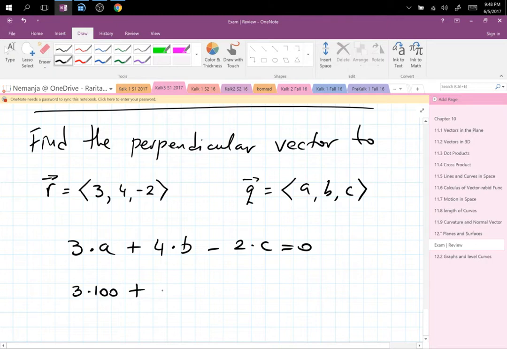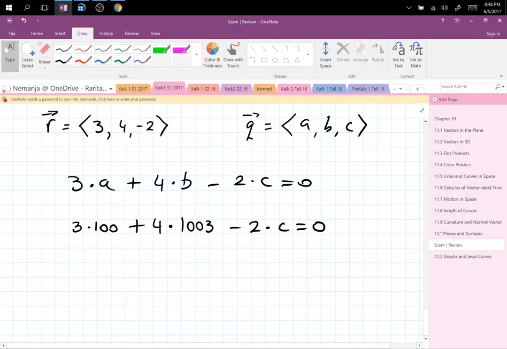I will ask the audience to pick something for B. 1003. And then, since you guys were so nice, I will ask you to compute C. There you go. So your vector Q, which is a perpendicular vector, will be 100, 1003, and then whatever C you calculate to go there.